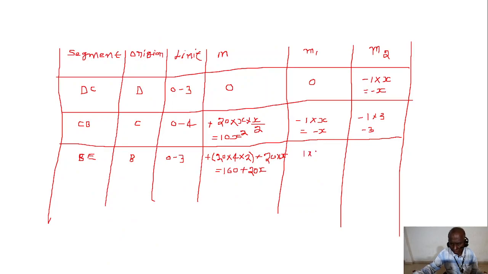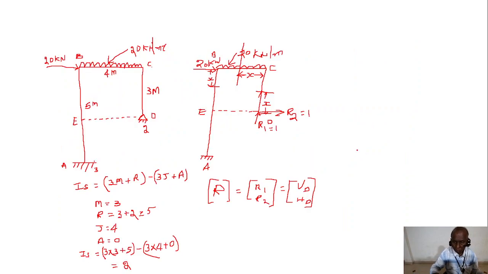That is anti-clockwise direction, minus. So this is minus 4. Next, moment due to R2.